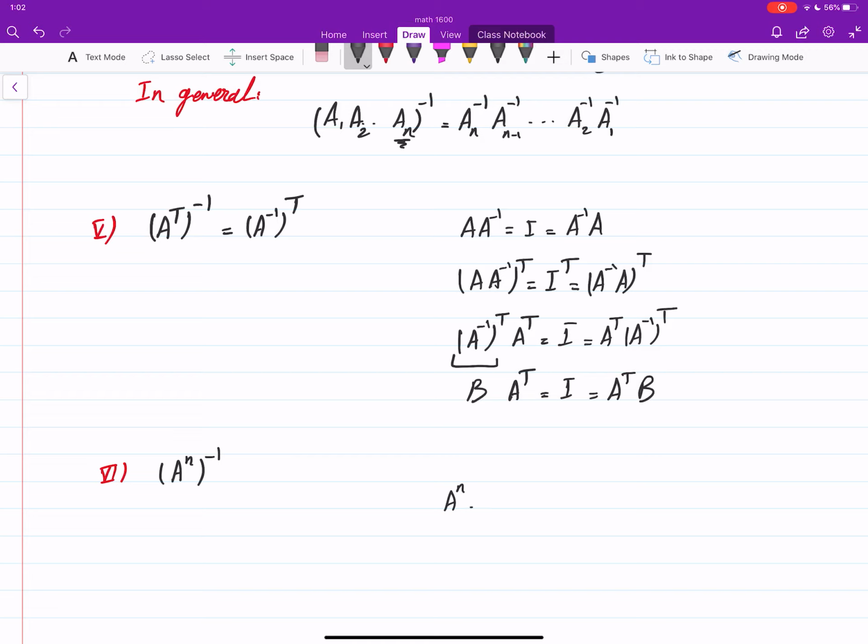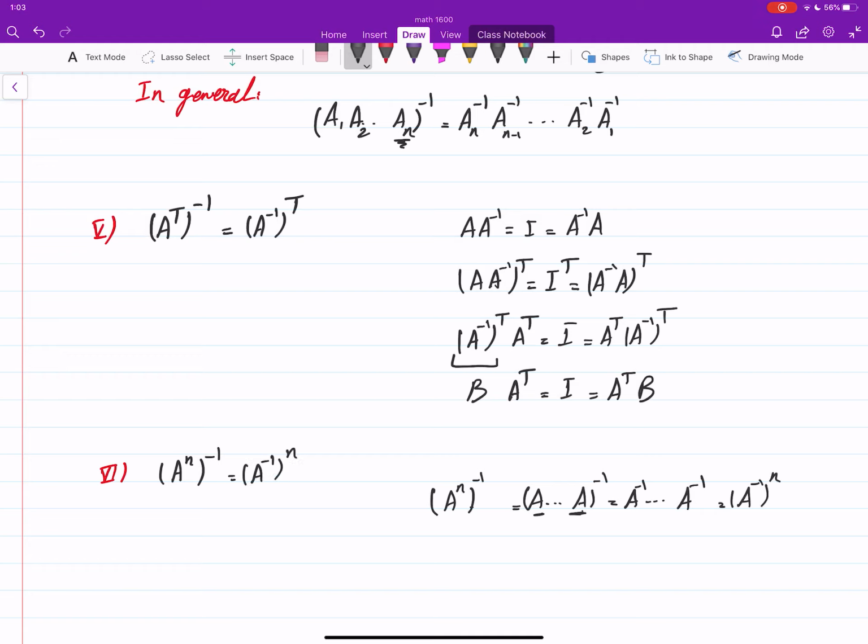This is the same thing as A times up to A. And we learned that if you have the inverse of these, you have to write the inverse of each one, multiplied in opposite order. So this one's inverse up to this one's inverse at the end. And this is the same thing as A inverse to the power n.